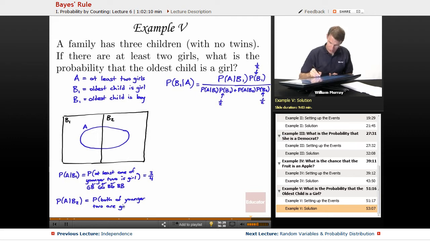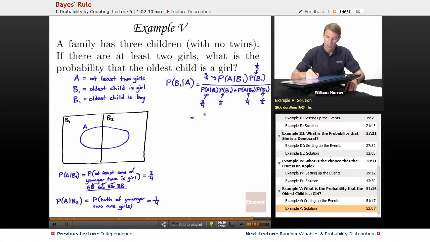And if you look at this same listing above, there's 1 out of 4 situations that gives you both of the younger 2 being girls, so that's 1 out of 4. So now I can fill in these numbers here. Probability of A given B1 was 3/4. This probability is 1 out of 4, and that was also 3/4, just like below.